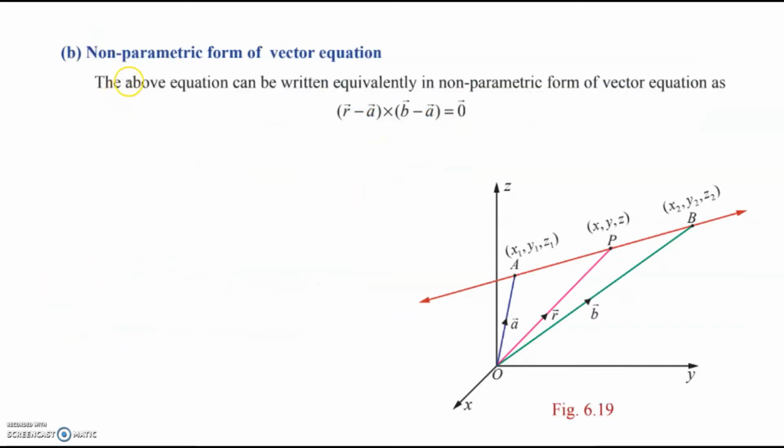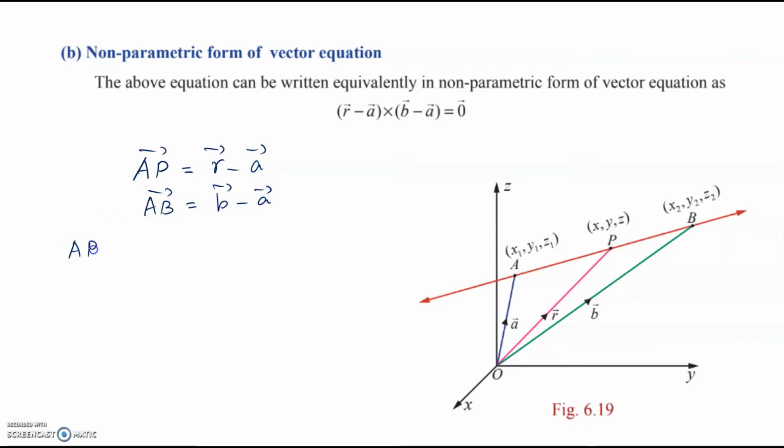And the second form that we would see is the non-parametric form of vector equation. In this form, the statement says that this is how it is written. Again, to explain this, our AP vector, as we explained in the previous case, is nothing but R vector minus A vector, and our AB vector is equal to B vector minus A vector.